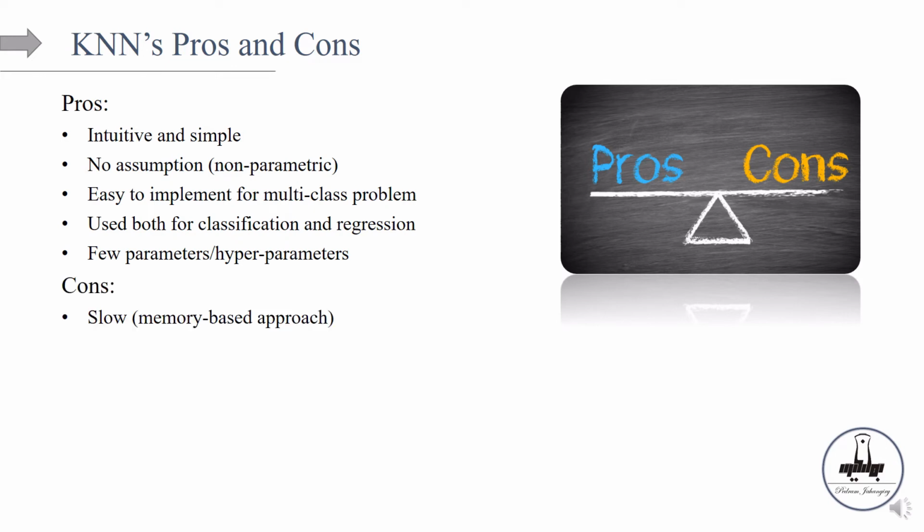In terms of disadvantages, we know that KNN is slow, since it's a memory-based approach. This means that to classify new data points, the KNN algorithm reads through the entire data set to find the K nearest neighbors. We talked about this lazy learner aspect of KNN.